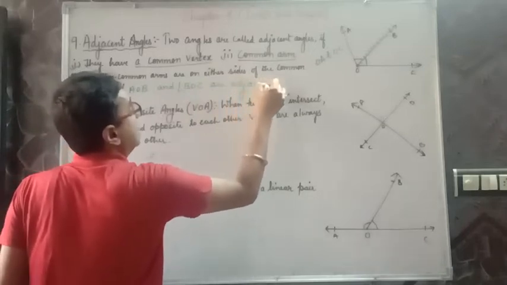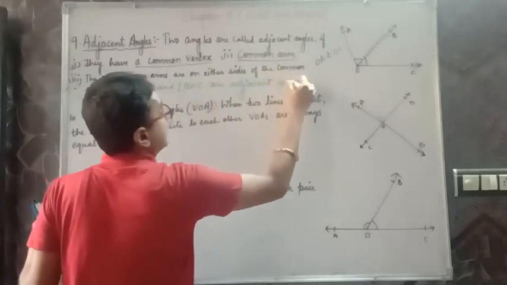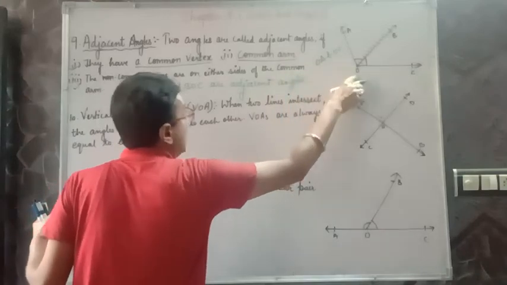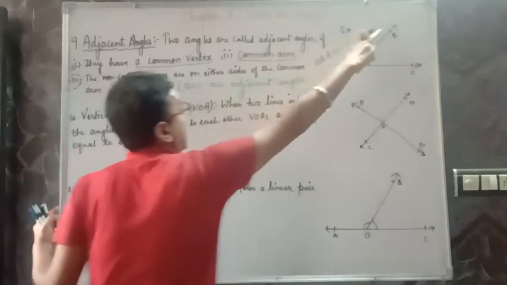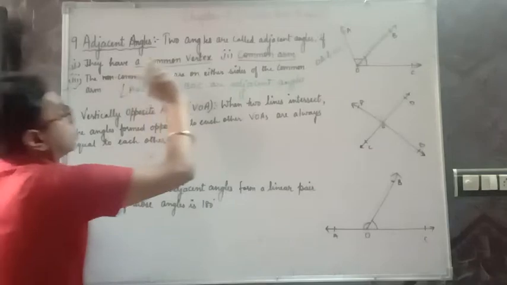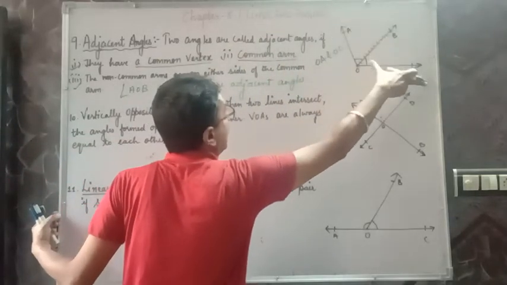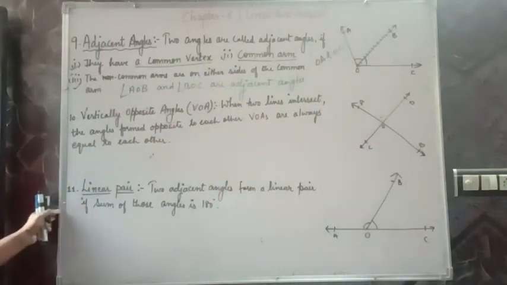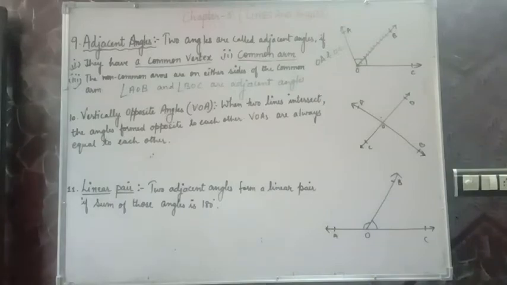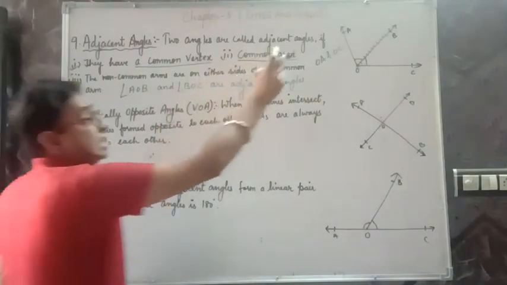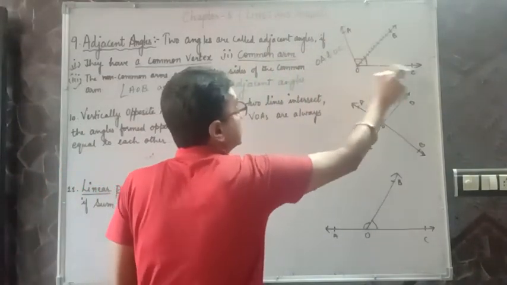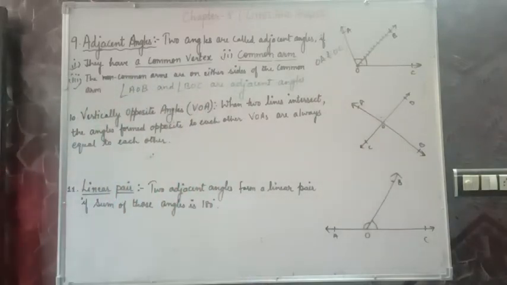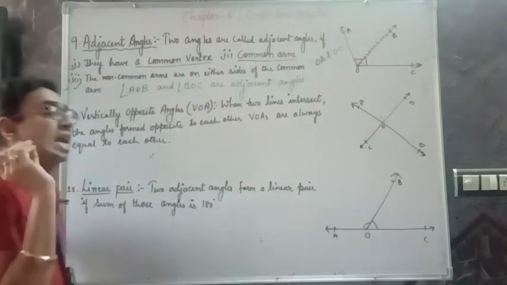Yes, they are, because they have a common vertex, that is O, a common arm, that is OB, and the non-common arms OA and OC are on either side of the common arm. Clear? So this is the important condition for adjacent angles.